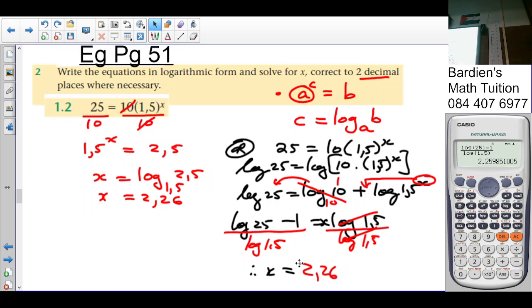So whichever way you feel is easier for you, I'm sure it's the first one you apply.